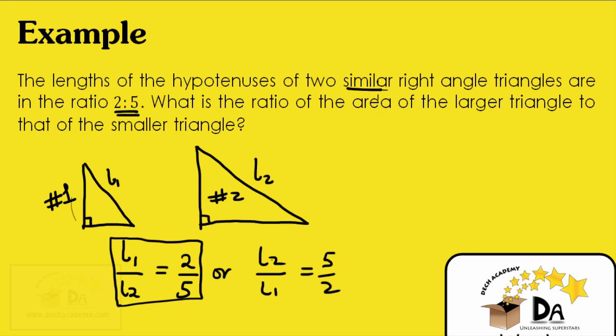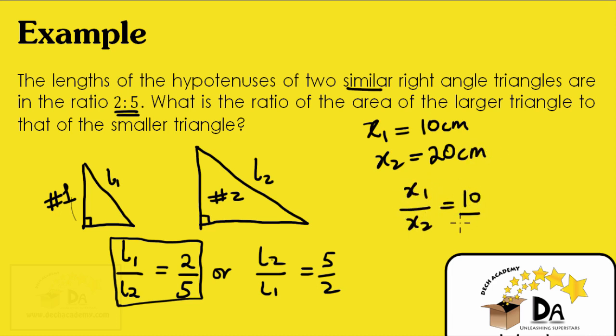Just think about it. If the length of one square is x1, and I call that 10 centimeters, and the length of another square is 20 centimeters. Now, x1 over x2 is 10 over 20, which is 1 over 2.